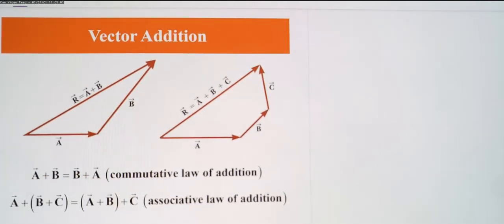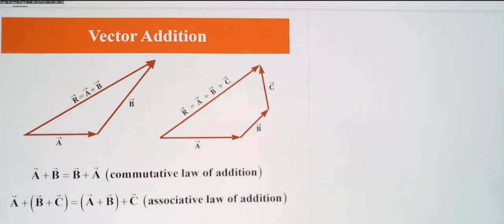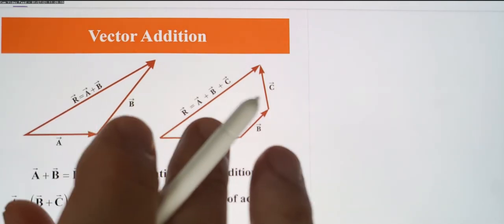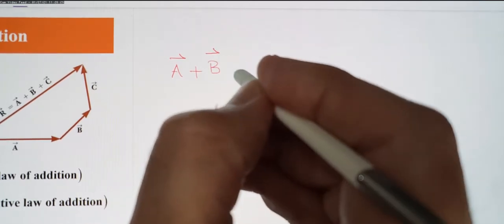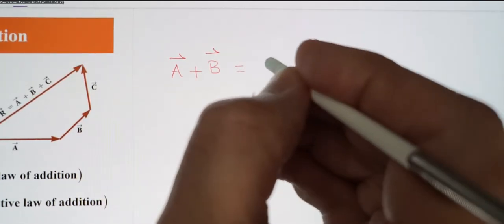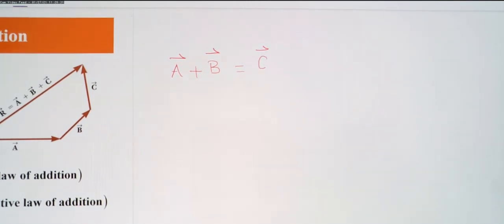Okay, how can we add two vectors? How can we add two vectors? Now look at the notation. This is important. When I say vector A plus vector B, that is, for example, vector C. All vectors.